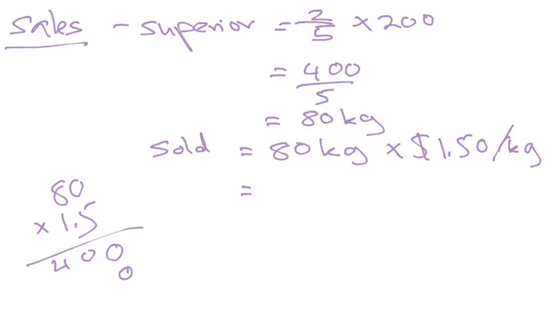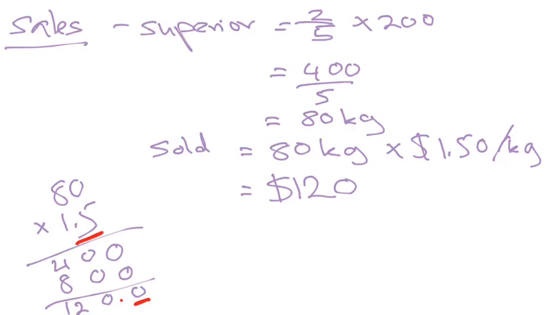Put a 0 down. 1 times 0 is 0. 1 times 8 is 8. So that's going to give me 0, 0, and 8 and 12 is 12. And there is one decimal there, so I'm going to put the decimal there. So that is $120. So she sold these 80 kilos of superior carrots and she earned $120 from that sale. So that's the superior ones.